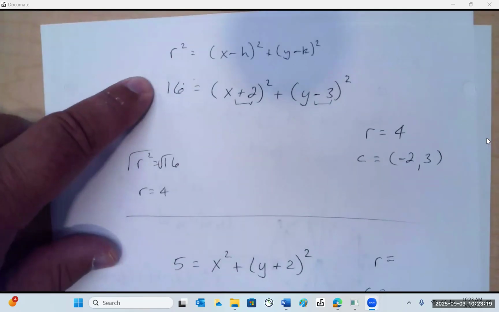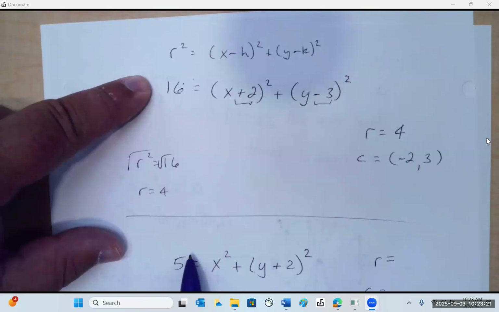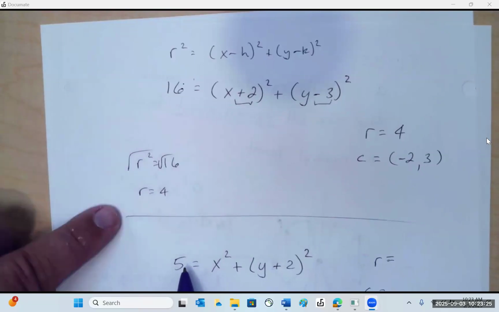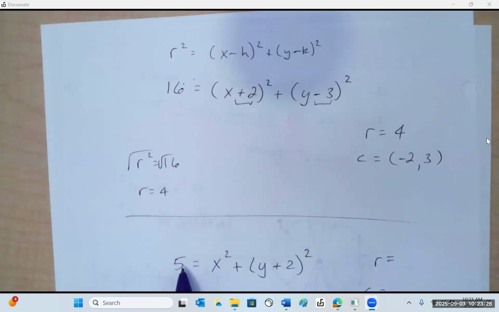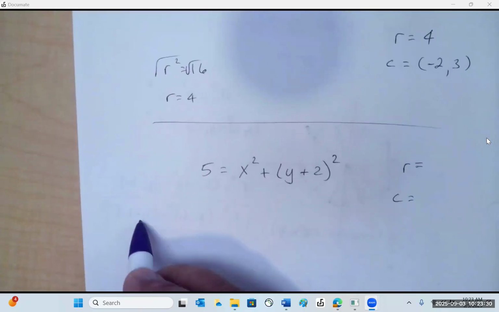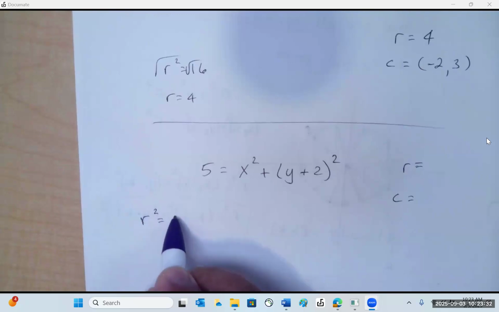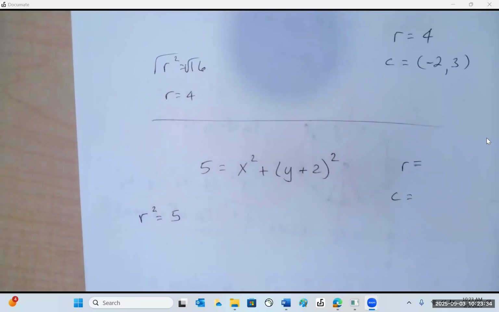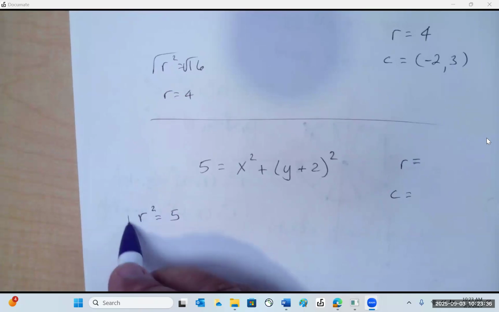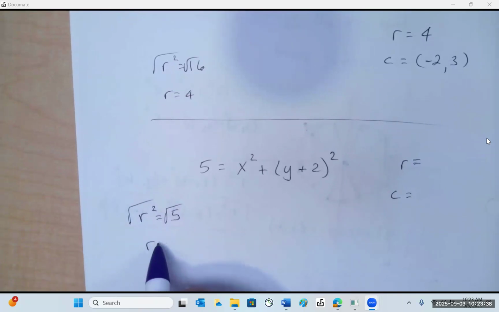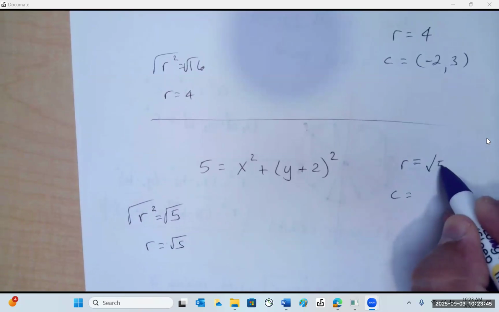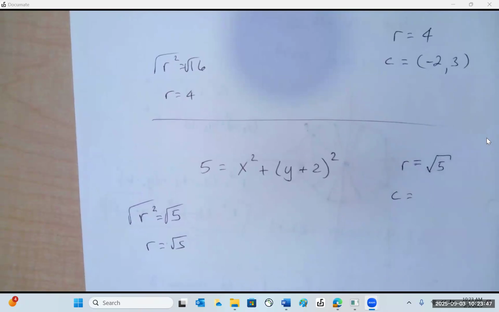What do we do here? Is there a squared on there? So what do we do? Since there's no squared there, we know that R squared is equal to 5. R is equal to the square root of 5. That's what we did last time. It was 16, so you square root it, got 4.